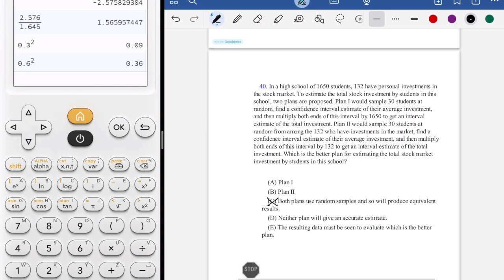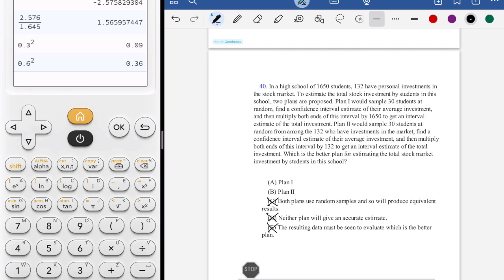Neither plan will give an accurate estimate. I mean, we're using confidence intervals, so accuracy is in the eye of the beholder. I don't know that makes much sense. Resulting data must be seen to evaluate which is the better plan. Not necessarily. The plans come before the outcome. It's another ends-justify-the-means idea. So now we're back down to plan 1 versus plan 2.